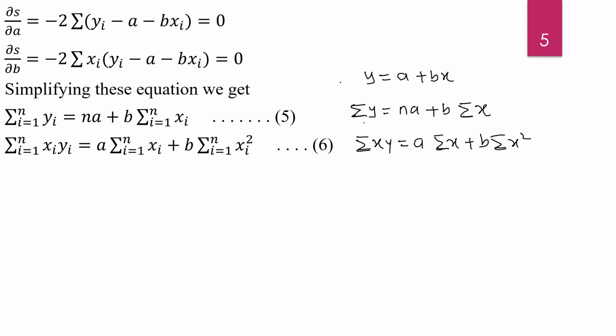In this way, we get the first equation. After that, multiply by x throughout, that is x into y, a x, b into x squared, and then apply the summation sign. In this way we can remember the formula. Equations 5 and 6 are called the normal equations.